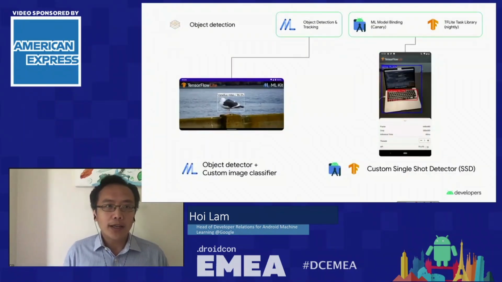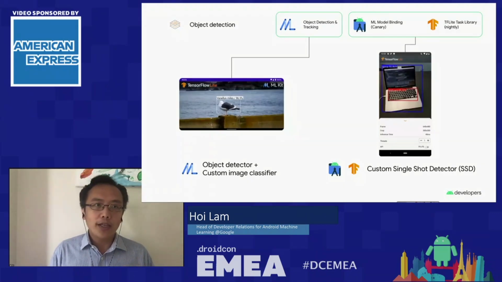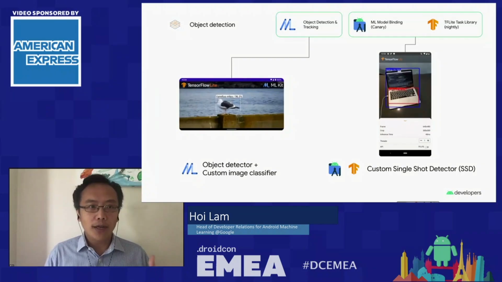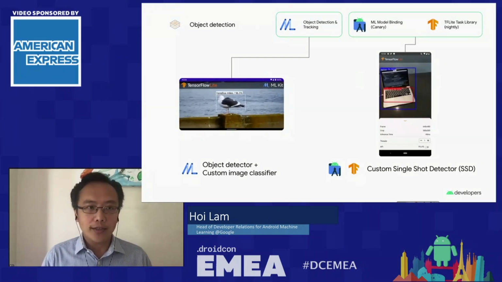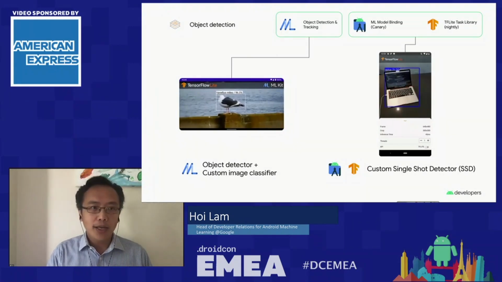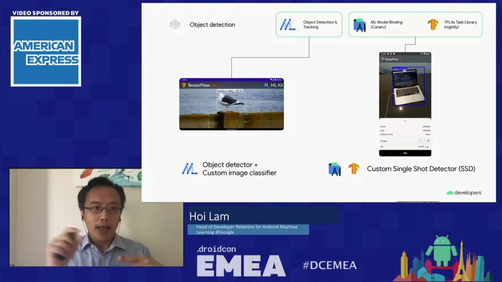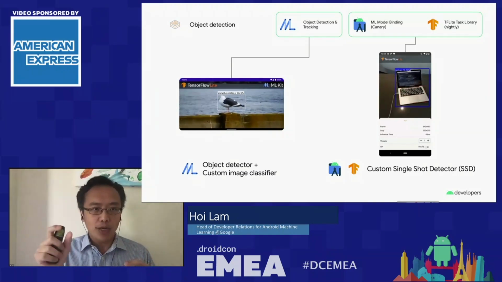The second way to look at this is around object detection. So there are two ways to implement object detection. One is the ML Kit way of creating a generic object detector, trying to focus on, in this case, the white rectangle. And then it does two things after that. One is to feed that white rectangle into a custom image classifier to customize it once.